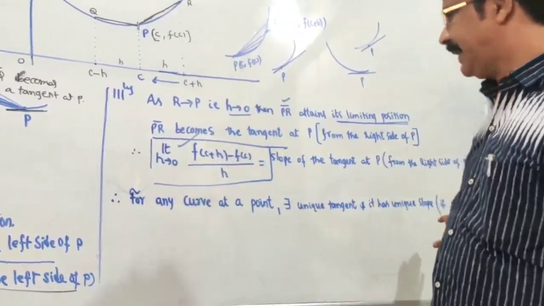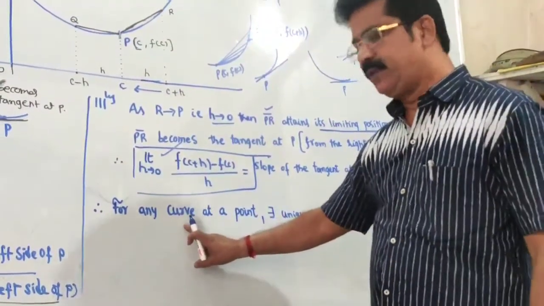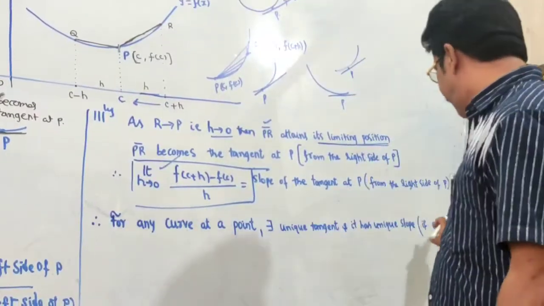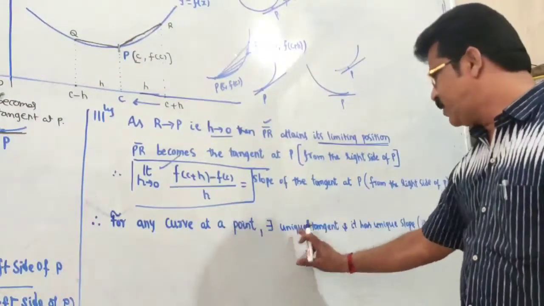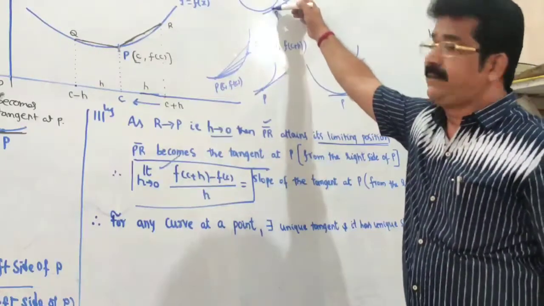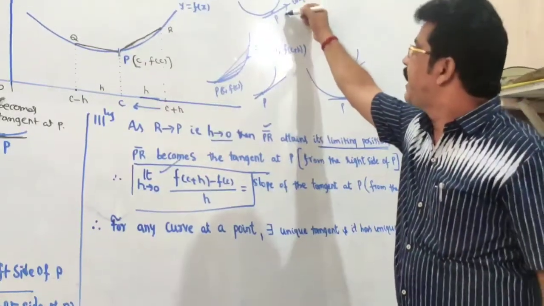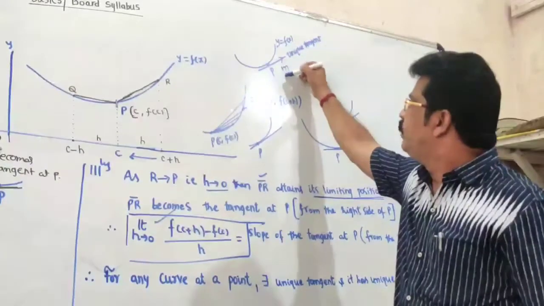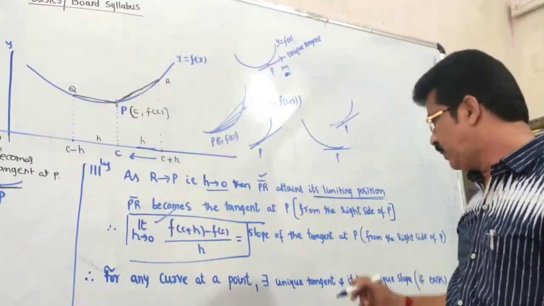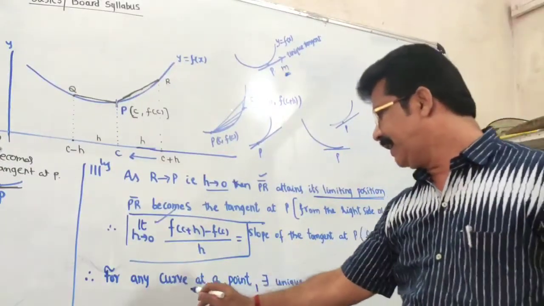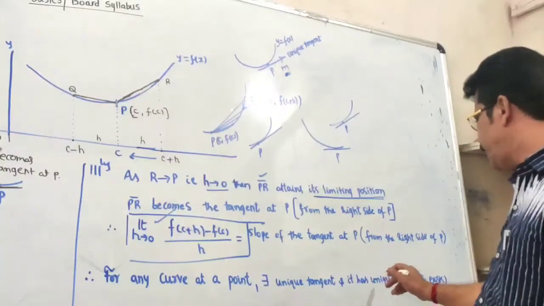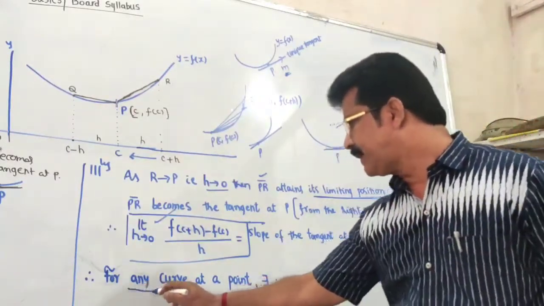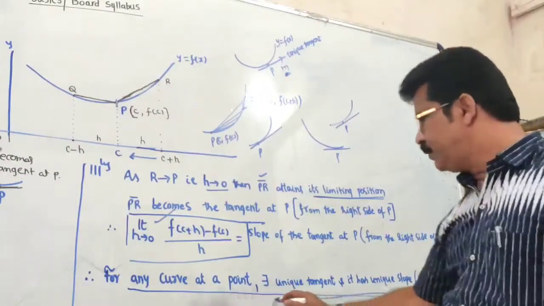You can take any curve. At only one point there exists only one tangent. For one tangent, it will have only one slope value. Therefore, for any curve at a point, there exists a unique tangent and it has a unique slope. This is the fundamental or universal truth.